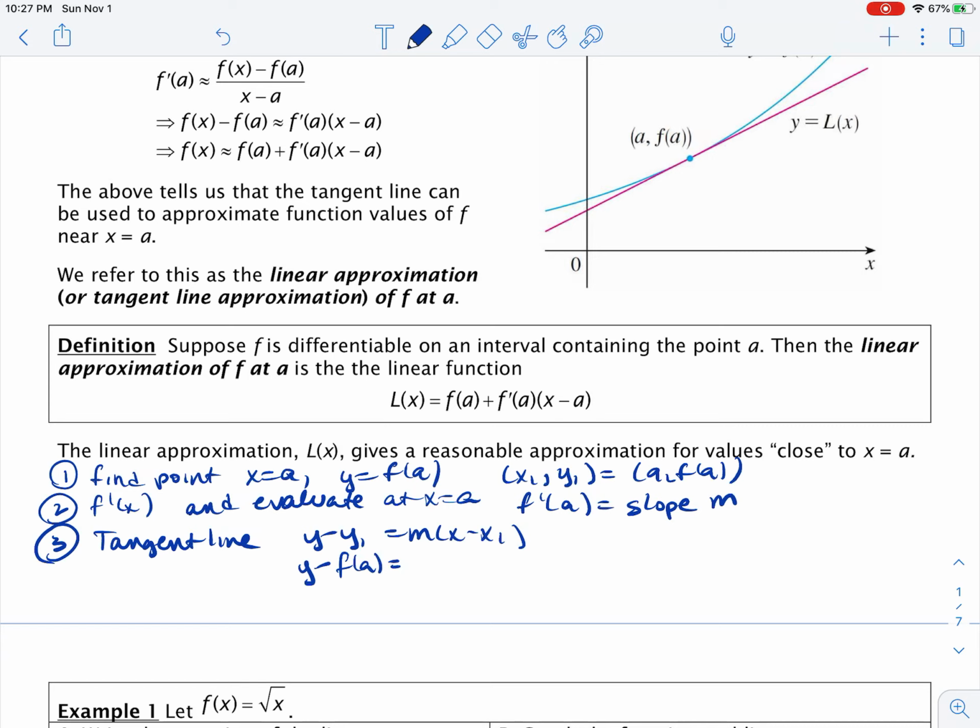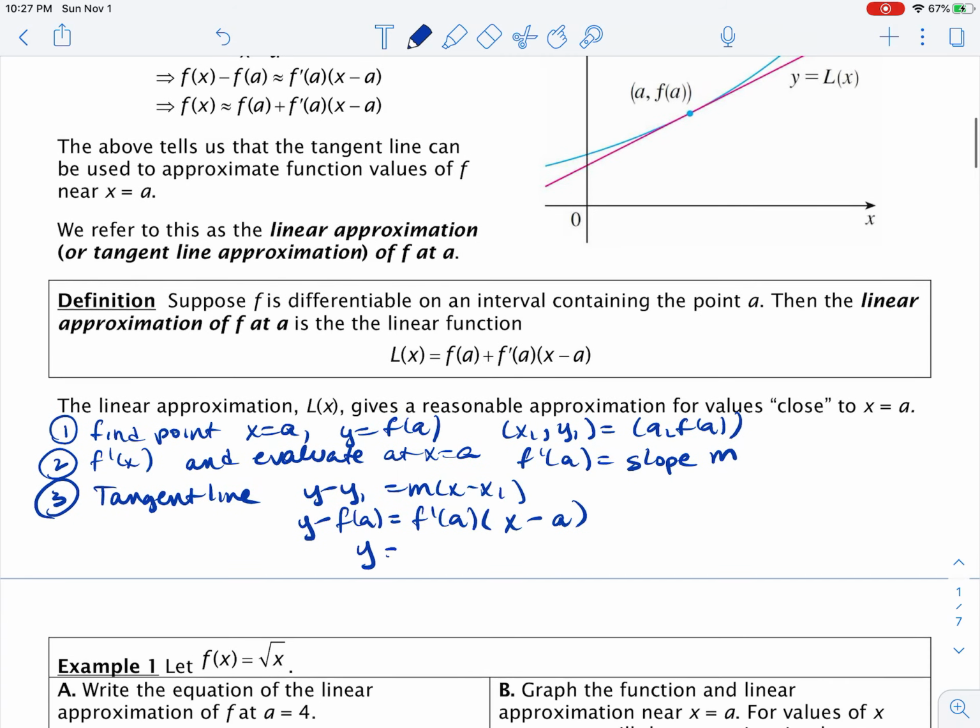If you wanted to use those values, y1 is going to be f of a, your slope m is going to be f prime of a, and your x1 is going to be equal to a. So if I were to solve for y, I would get f of a plus f prime of a times x minus a, and that is your linear approximation to the curve.